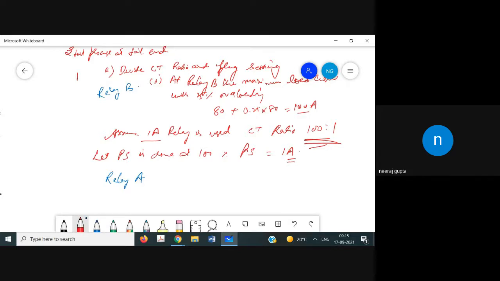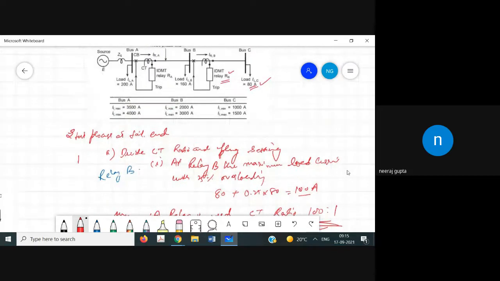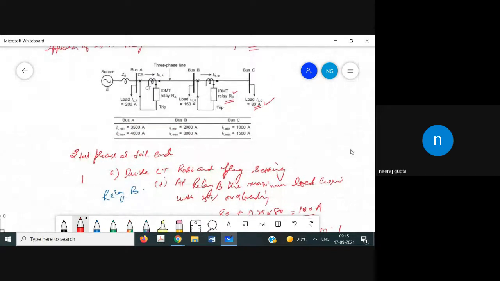Now, if you take the case of relay A, it will carry the load current of 160 ampere, and it also acts as a backup relay for this section. So it will be 160 plus 80, and 25% overload.